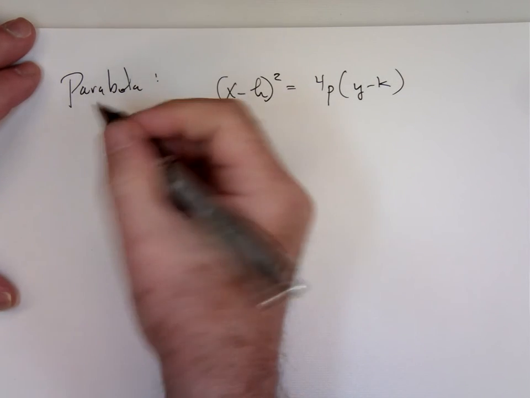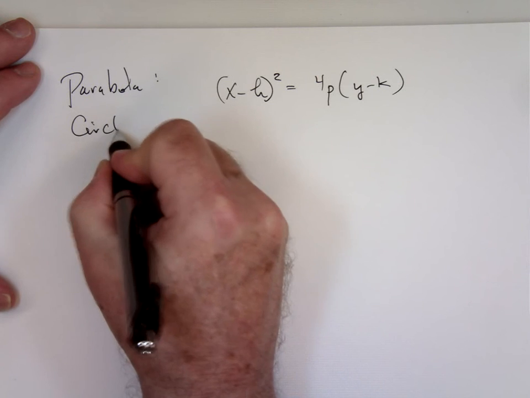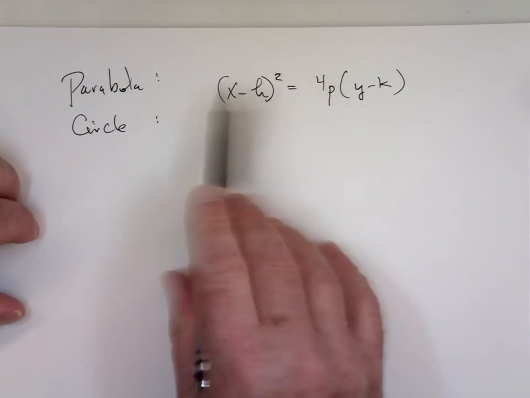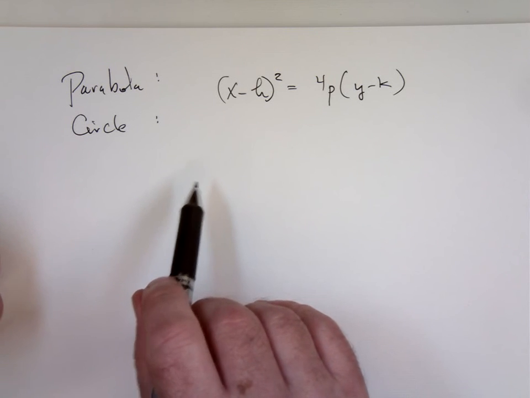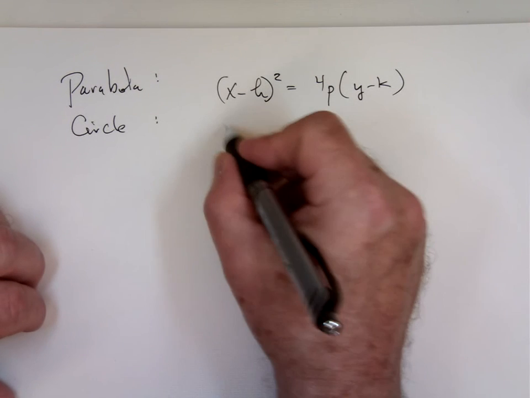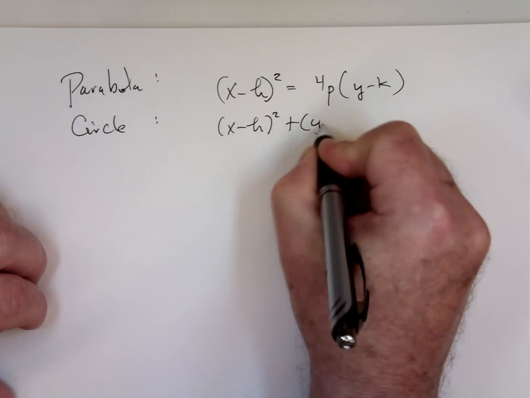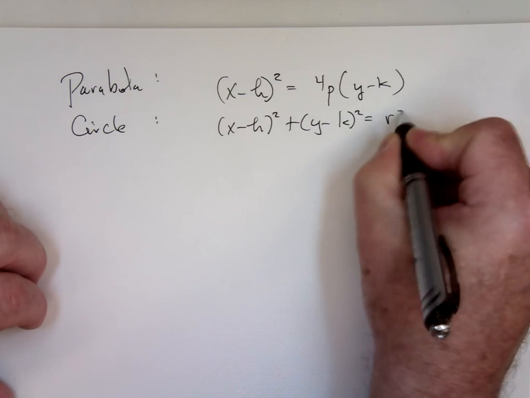Okay. Circle. Obviously the x's and y's could switch. This would be concave up. But a circle: x minus h squared plus y minus k squared is equal to r squared. That's a general form.